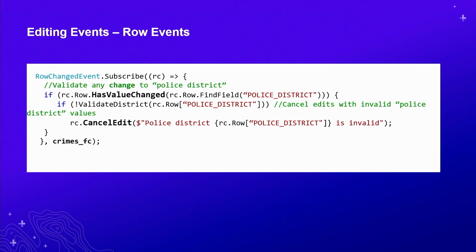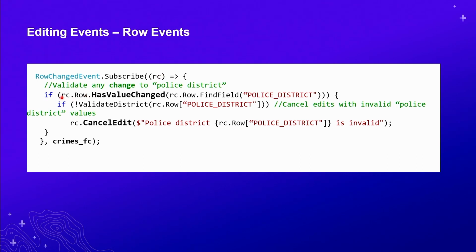Here's an example of the syntax. Here I'm subscribing to the row changed event. This is an inline syntax which I don't really use that much, but it gives you an example of what's happening. So I'm saying subscribe to the crimes feature class, and then I'm doing an inline, I guess an anonymous method, to say what I'm going to do during this event. The RowChangedEventArgs is passed back to me through the RC variable here.